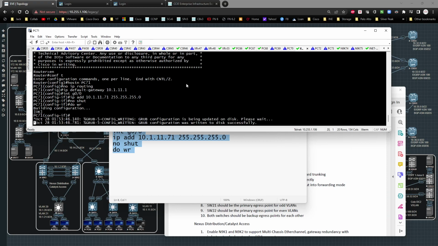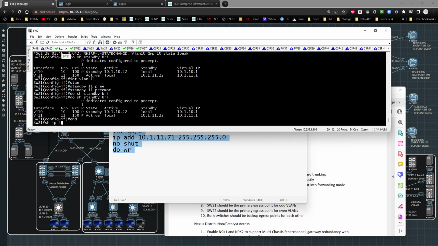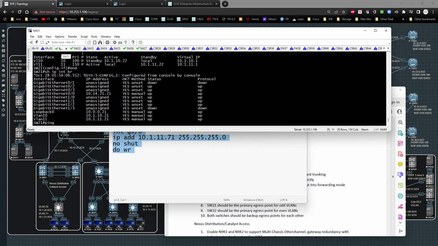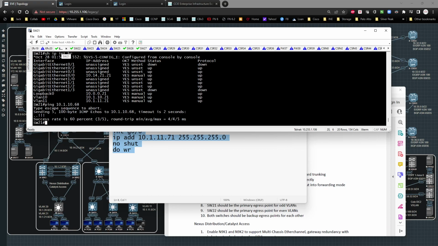If I was to go to, say, switch 21, for example, and if I do a show IP interface brief and start pinging 10.1.10.68, there it goes. Then we'll do 70.